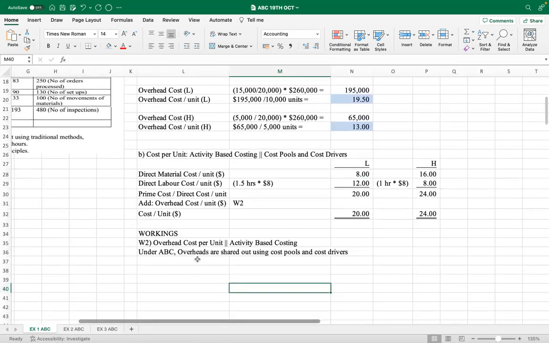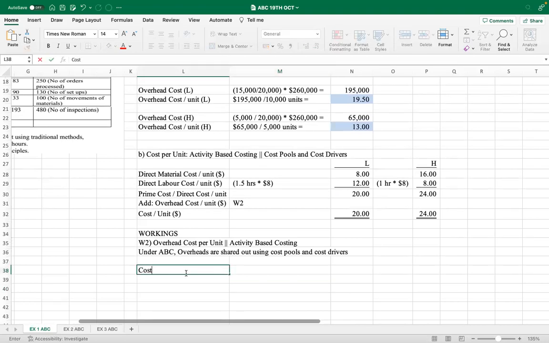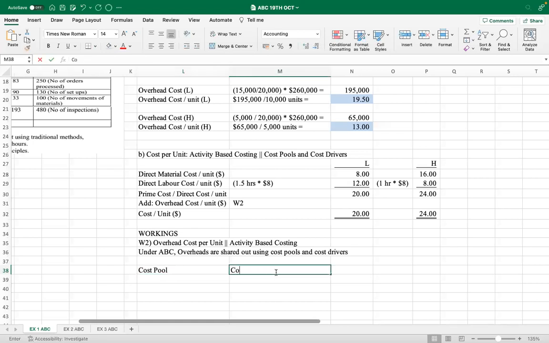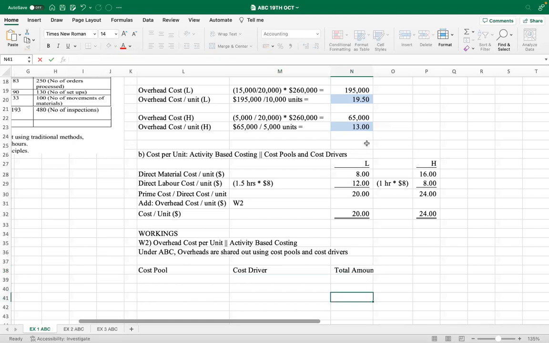So overheads. Now, in order to answer this, we will need a column known as cost pool. We will have another column known as cost driver, which is the basis. We will have a column for the total amount of the overheads, of course.